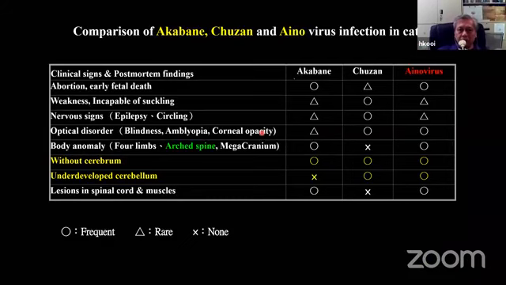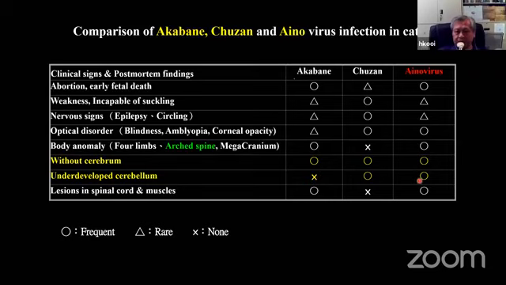So here we can see a comparison of Akabane, Chuzan, and rhinovirus infection in cattle. Okay, so these are all the clinical and post-mortem findings of the fetus. So we see arch spines. Okay, actually the answer is rhinovirus, and here we see underdeveloped cerebrum, whereas in Akabane, the cerebrum is quite developed.